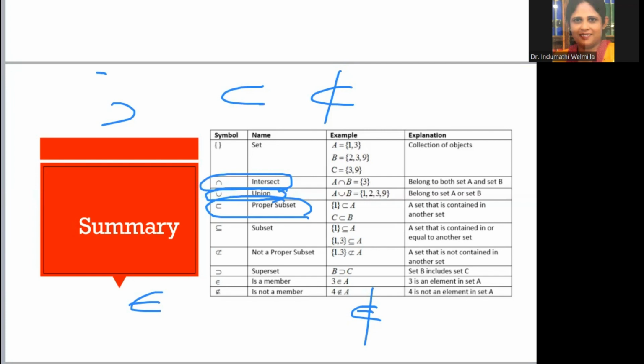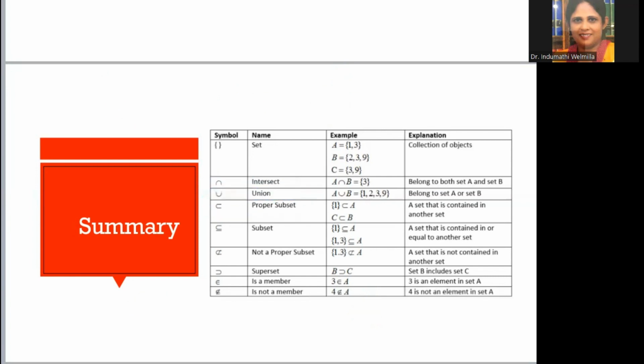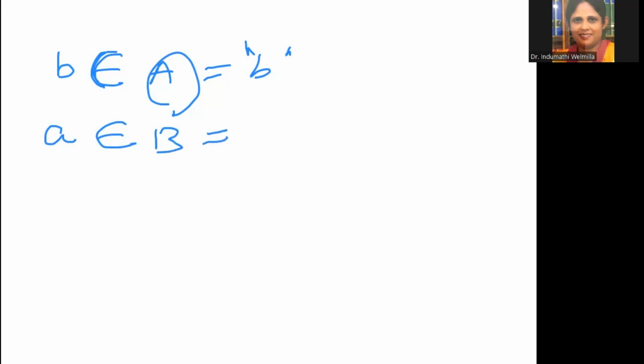In addition to that, when we write b, an element, that means b is an element of set A. And also we can write this way, that means a is not an element of set B. And also we use these brackets to denote the set, and this one we use to show the null or empty set.